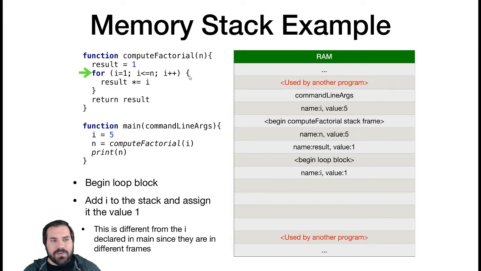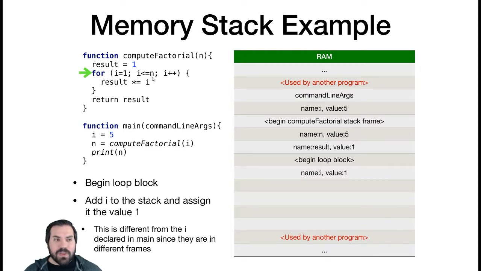And then we iterate over this loop. We're going to check the conditional. Is i less than or equal to n? And now we have our first check of a variable name that's not in the current scope. So we have a check: i less than or equal to n. We have to resolve i and n to values.